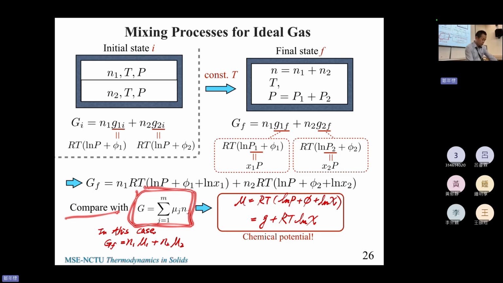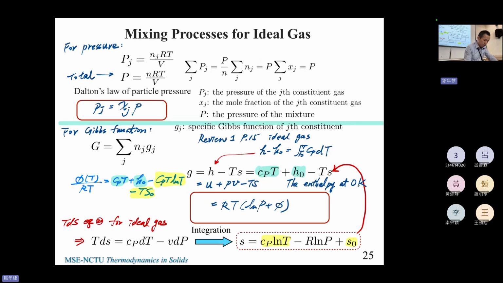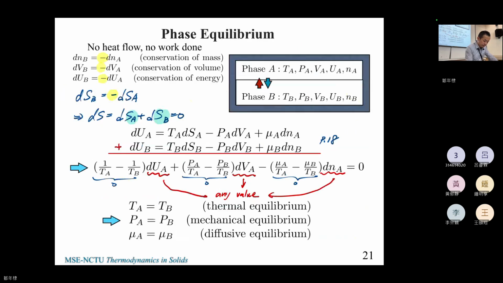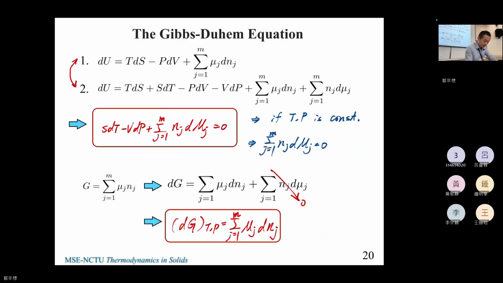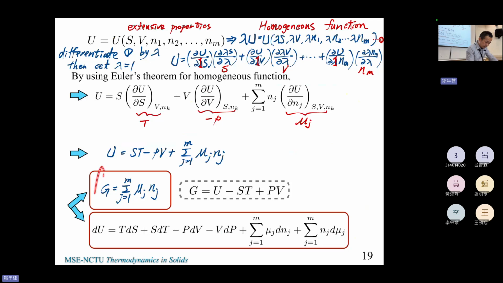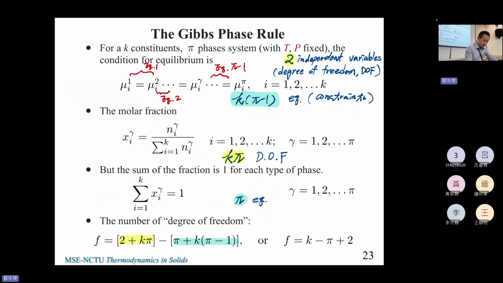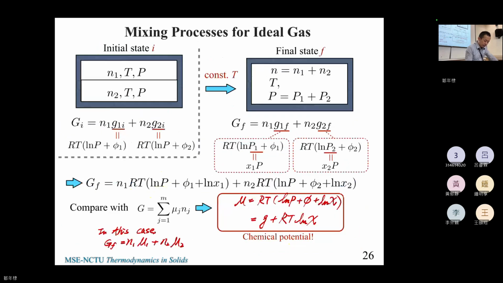This is always true, right? We found that in previous few pages. Here, right? So this one can be used in this case because now you only have two. So you have N1 mu1, N2 mu2.